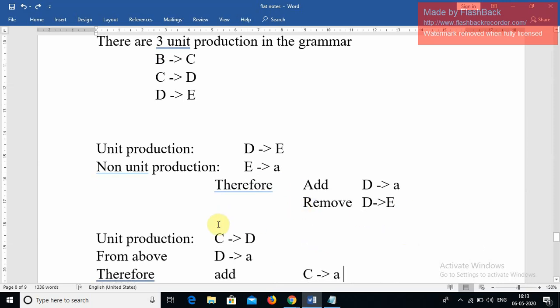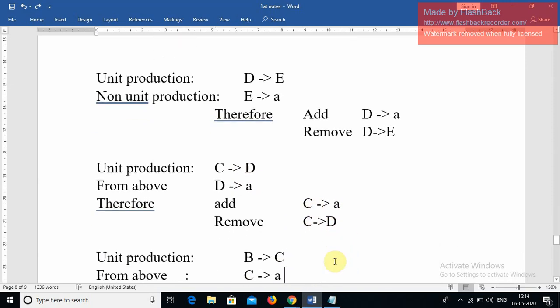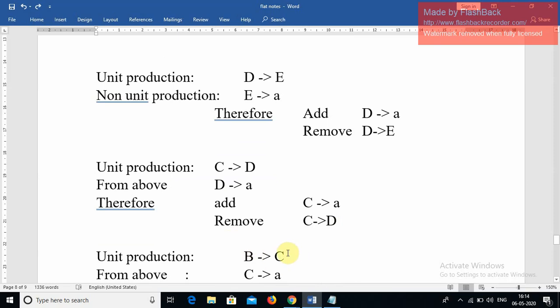And let's take C to D. C to D is a unit production and we have D to A from the above. Yes, we added D to A to the grammar, right? So by combining these two we get C to A. C to A can be added to the grammar, as well as C to D can be removed from the grammar. The next one, B to C, is also a unit production. We have C to A from above.